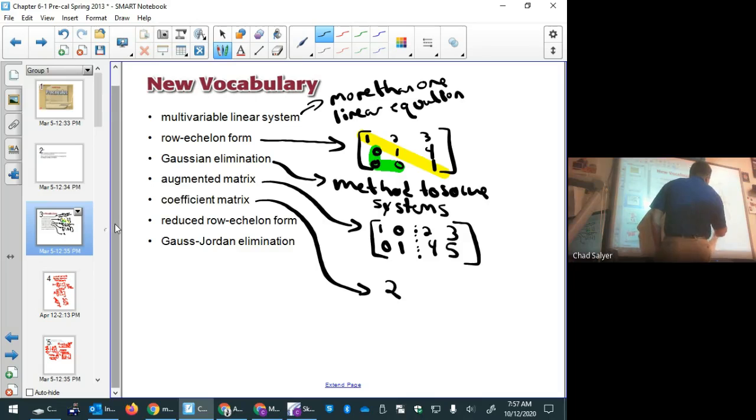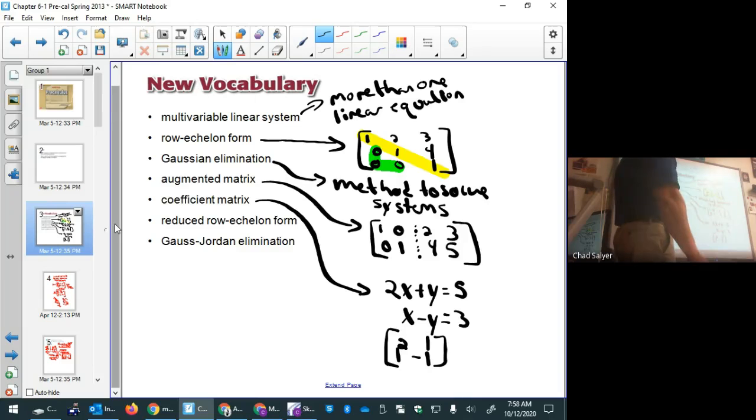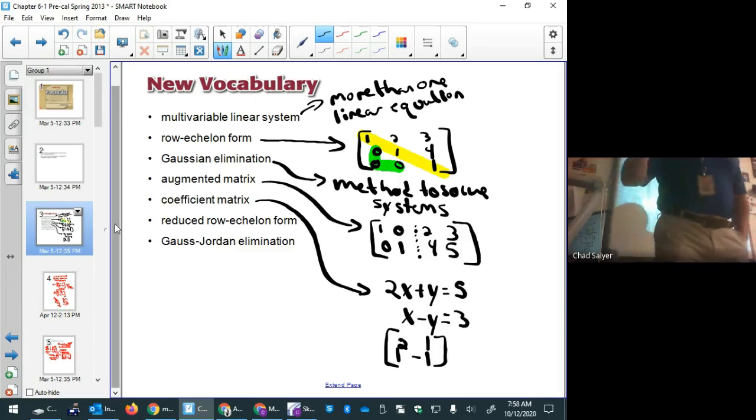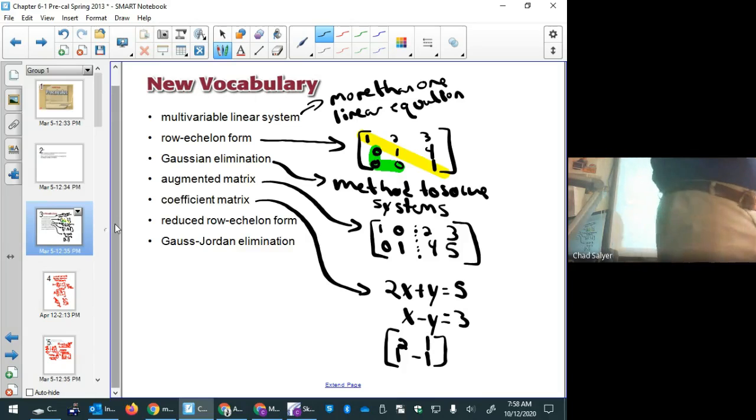If I've got 2x plus y equals 5 and x minus y equals 3, the coefficient matrix will be 2, 1 on the first row and 1, -1 on the second row. So it's when you take a system and convert its coefficients into a matrix. We often augment that with the solution matrix and then run RREF on it.